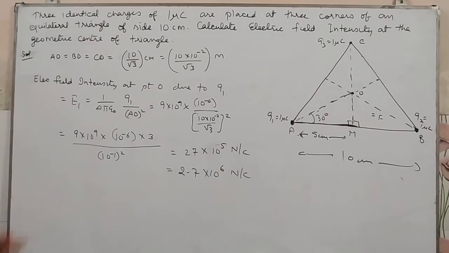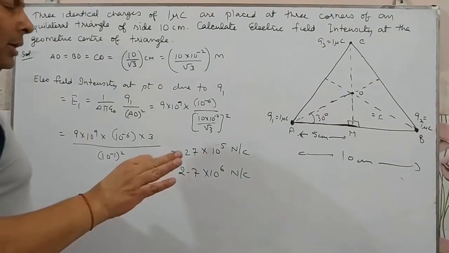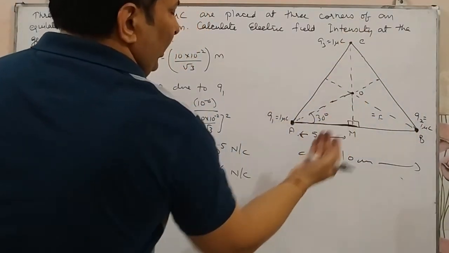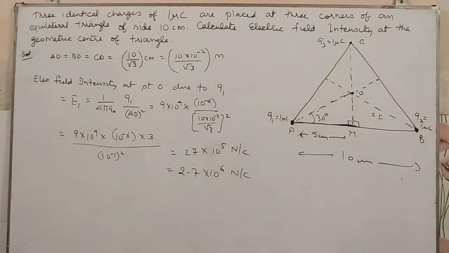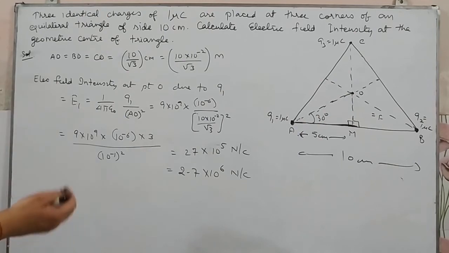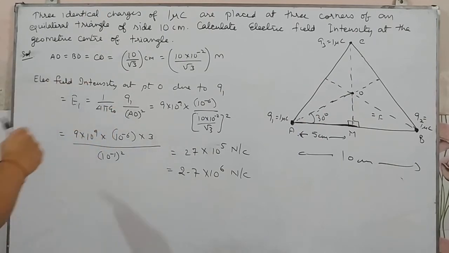Fine, this is E1, and if we calculate the electric field due to Q2 or Q3, in all these cases the magnitude of the electric field will be the same as E1. Why? The distance is the same and the value of charge is the same.